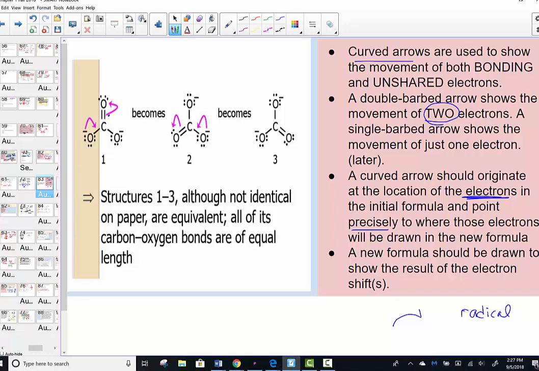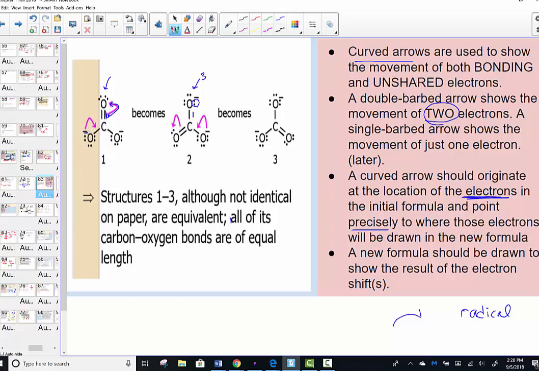I originate the arrow at the bond itself, and I click and drag those electrons to the site where you now see them. Notice how this had 2 pairs of electrons, and now this has 3 pairs of electrons, and the double bond is gone. I moved the double bond, and it became an electron set on the other oxygen.